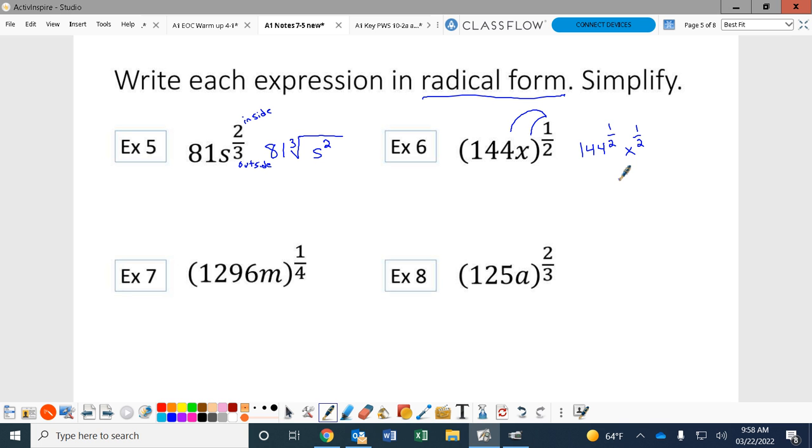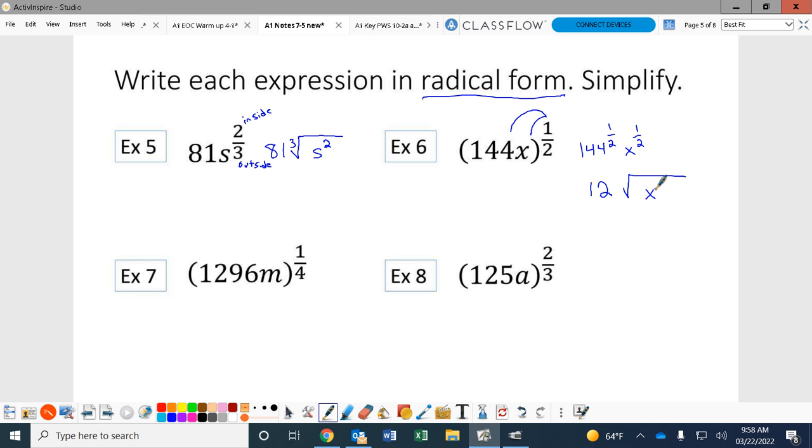What's 144? Power button 1, fraction button 2. 144 to the 1/2 is what? 12. And then this one needs to be written in radical form. We're going to have to put the little check mark. The x goes on the inside. What power do I put on the x on the inside? Nothing. It's a 1, nothing.